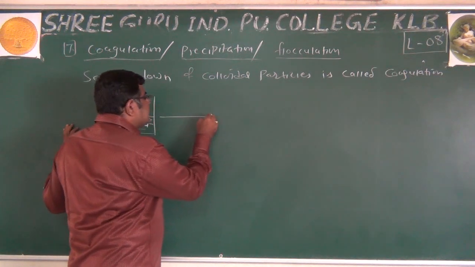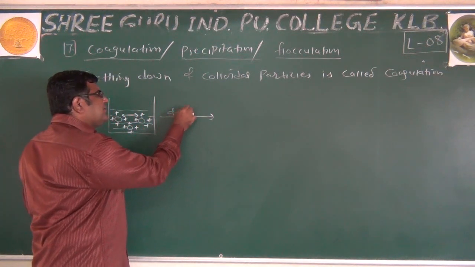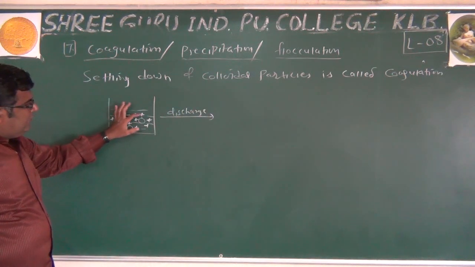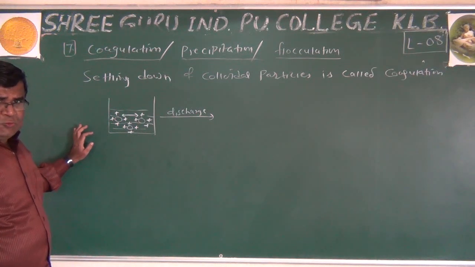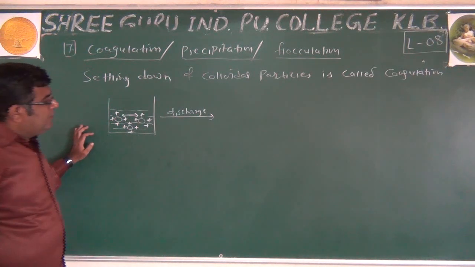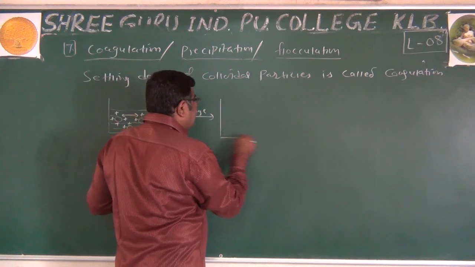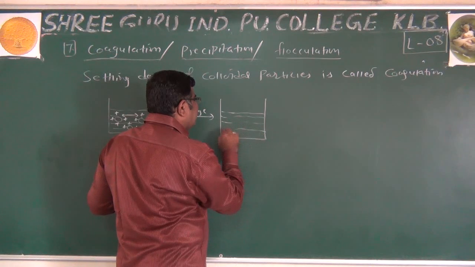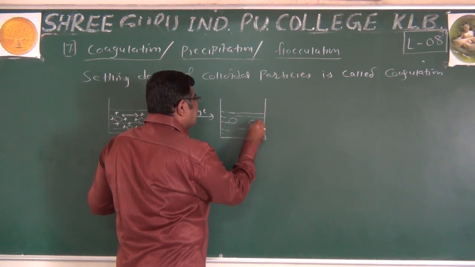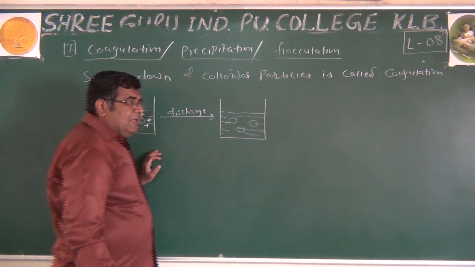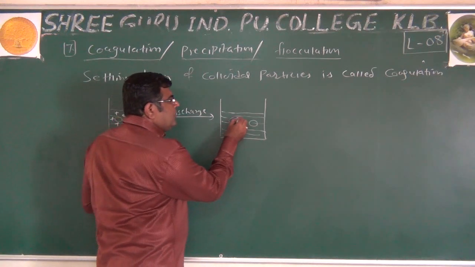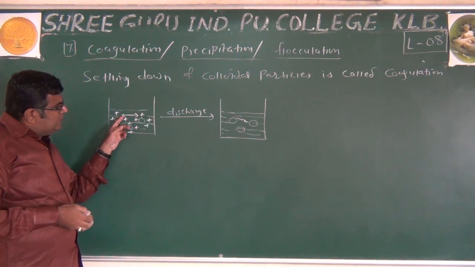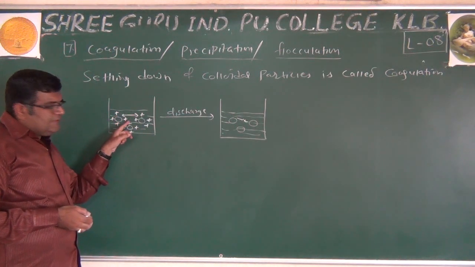But if somehow we discharge their charge, if we remove this charge, there are certain processes to do that, then after removal of charges, they become like these particles. And once charge is removed, they can come closer because repulsion is due to their charge.